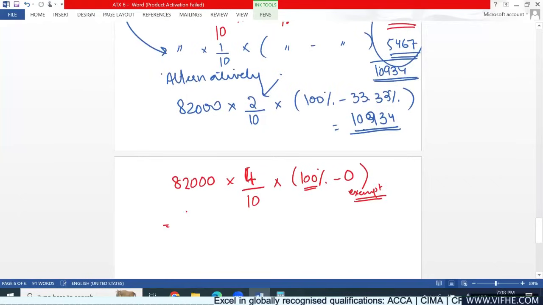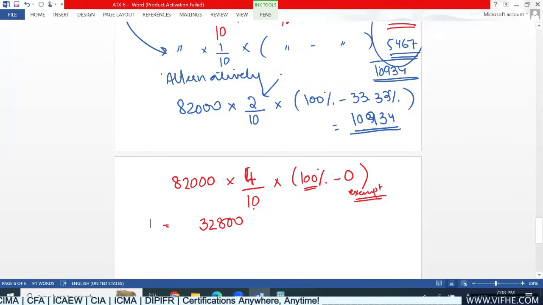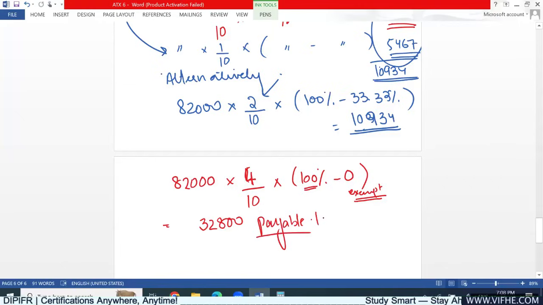So how much of the VAT is now payable to HMRC for altogether 4 years? This is going to be, I believe, thank you for helping me out. It is 32,800 pounds. So this is the amount of VAT with respect to 4 years, which is now going to be payable to HMRC at the point of disposal of the building.